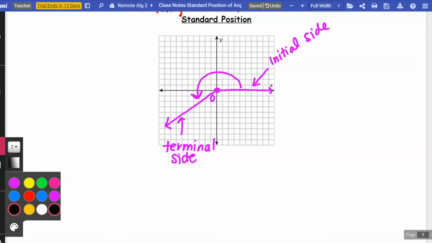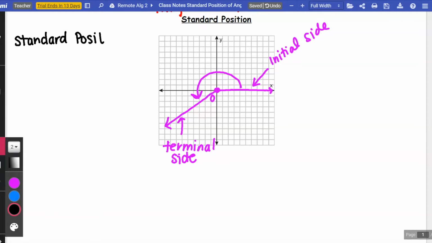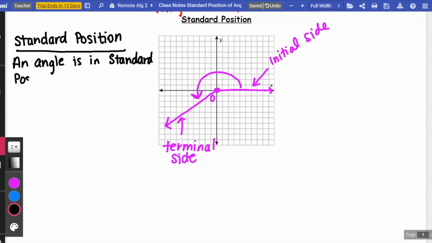So let's go ahead and define a couple things real quick. Let's talk about what standard position means. An angle is in standard position when the vertex is on the origin.